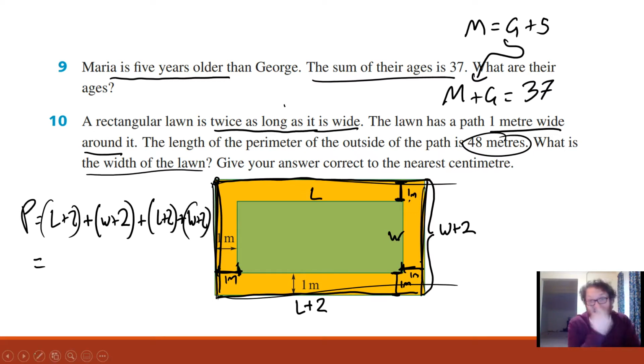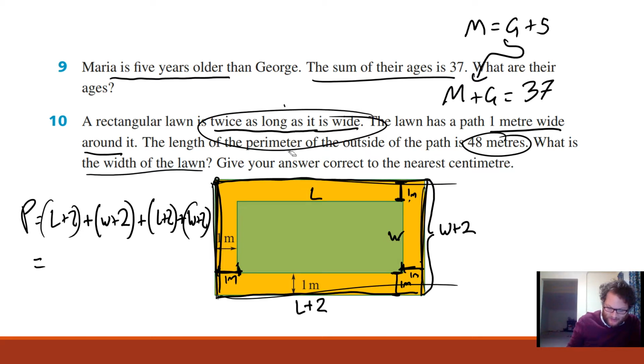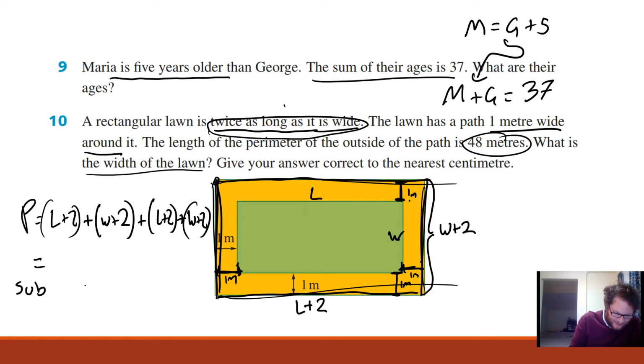I'm actually not going to simplify this for you because I want you to simplify this. But eventually you're going to end up with L's and W's. But that's not going to help because you're going to need to substitute something in. You're going to have to remember that the length is twice as long as the width. How do we use this to our advantage? Well, we're going to substitute the fact that we know that the length is 2W.